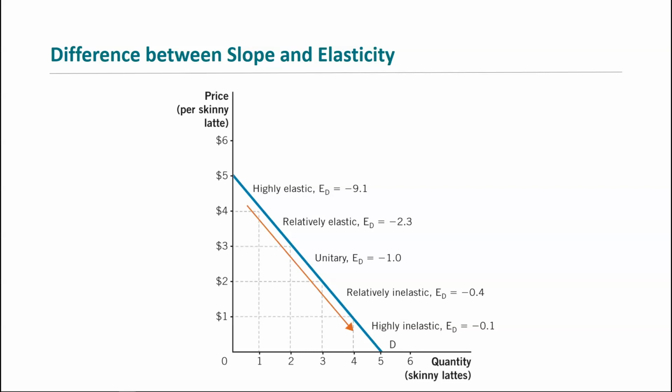This is going to be especially important when we talk about how, as a firm, you can use elasticity to help to increase your revenues, right? It's going to matter whether you're at the top of your demand curve or at the bottom of your demand curve when it comes to making business decisions and how your customers will respond to a change in price.